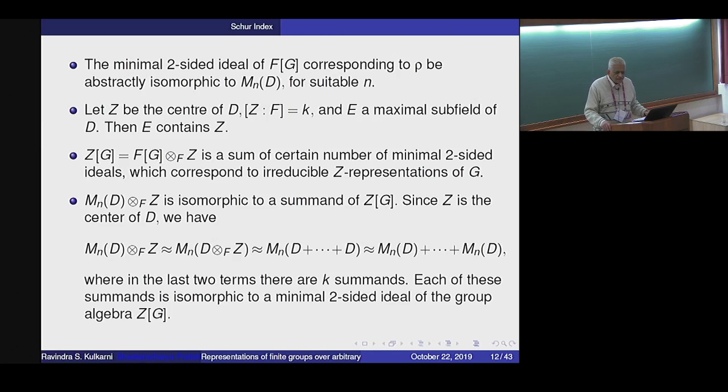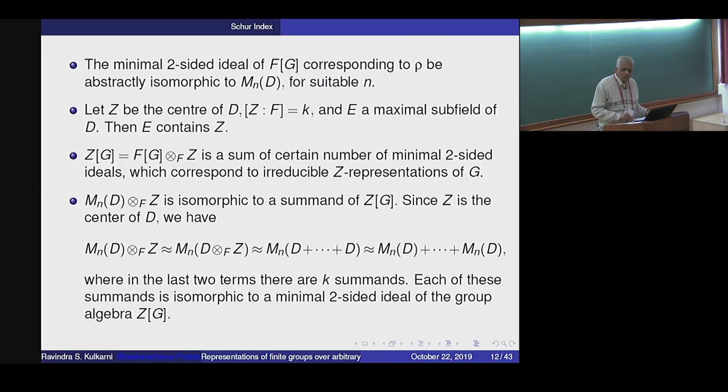Let the dimension of the center over F be K, and E a maximal subfield of D. Then E, of course, contains Z. Now, if you tensor FG with Z, we get the group algebra of G over Z, which is a sum of a certain number of minimal two-sided ideals, which correspond to irreducible Z representations of G.